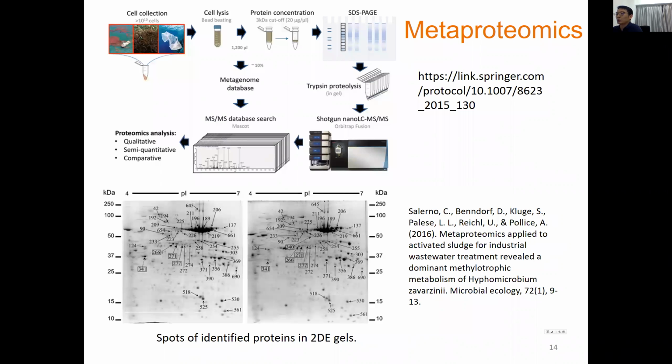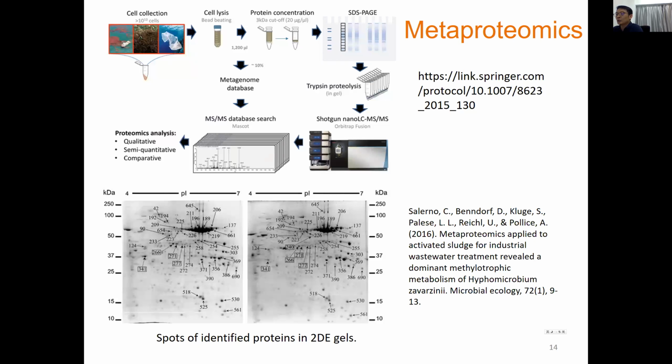These are two different electrophoresis technologies, and the protein can be separated according to their isoelectric point and mass. Then mass spectrometry is used for the protein identification. And also in recent years, some gel-free methods have also been developed to separate the protein.